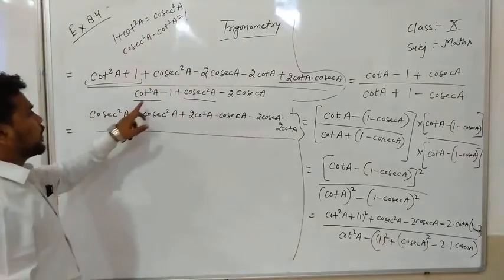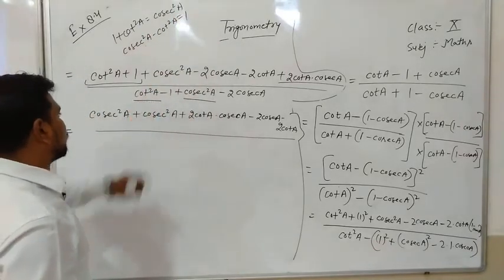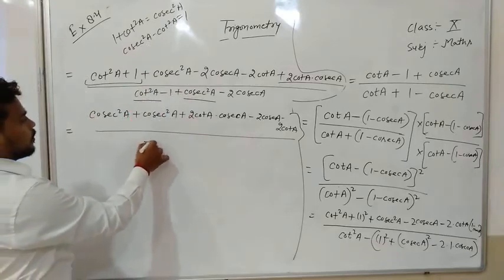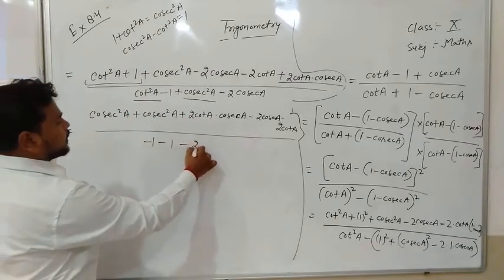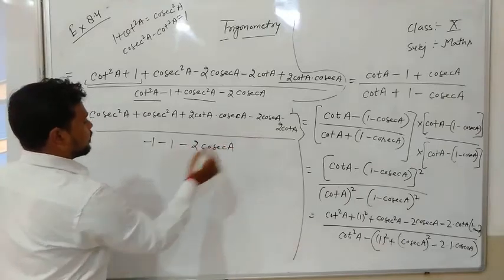So we can write cosec square A and cot square A in place of, we will write minus 1 and it is also minus 1, that is minus 2 cosec A.